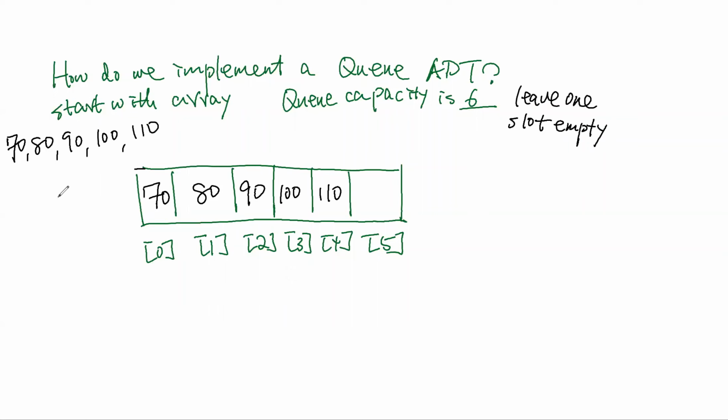But then you may ask, how do I keep track of where the front and the back of the queue are? For a stack, you remember when we implemented it, we used the top index to keep track. So here, a similar idea: we need to use some index numbers to keep track of where the front is and where the back is.